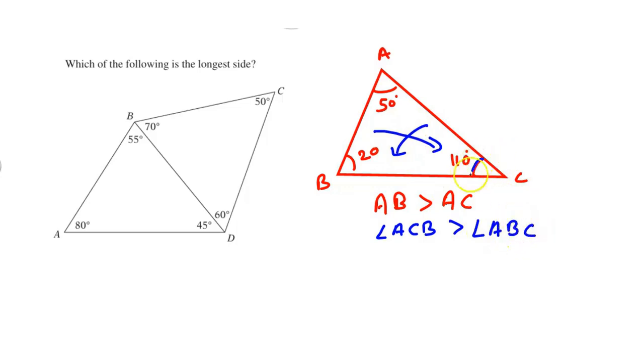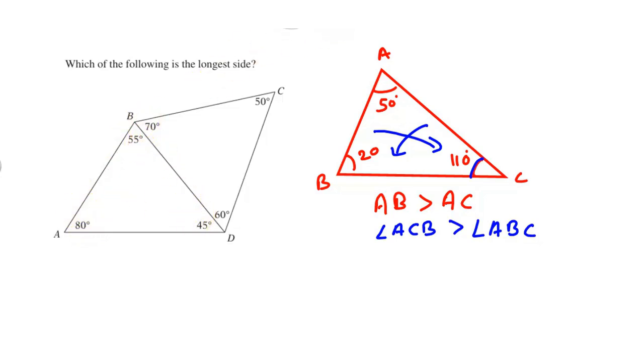So the side opposite to the largest angle is largest and the side opposite to the smallest angle is going to be the smallest. Now here in this triangle, we'll first figure out what is the largest side. So this is 80, 45 and 55.